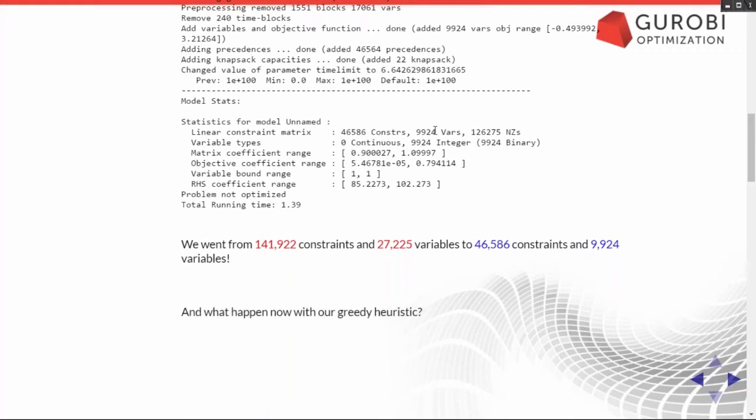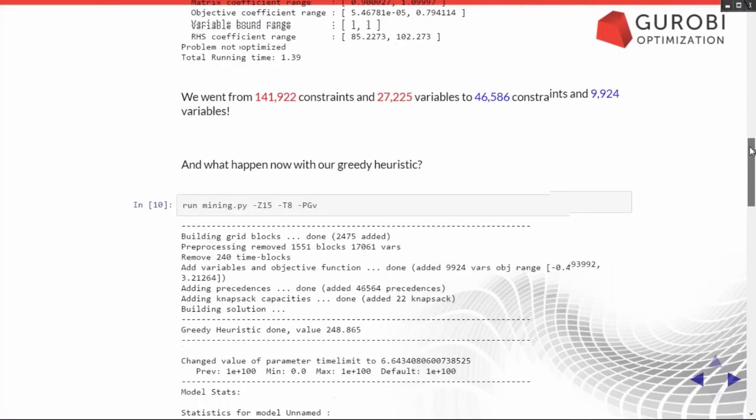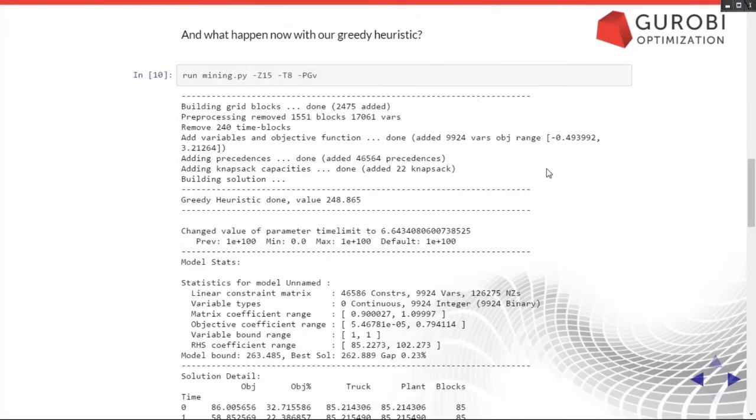So what if now we mix this idea of having this pre-processing, using specific knowledge from the given problem that we have, and the greedy heuristic? So what I'm doing now, I'm calling, again, the same problem, same size, the same time limit, with pre-processing with the greedy solution and some verbose output.